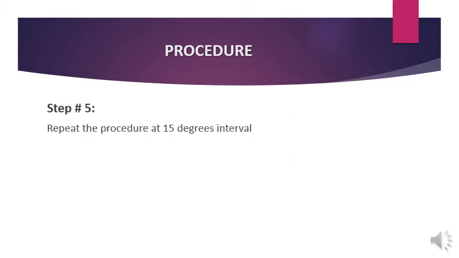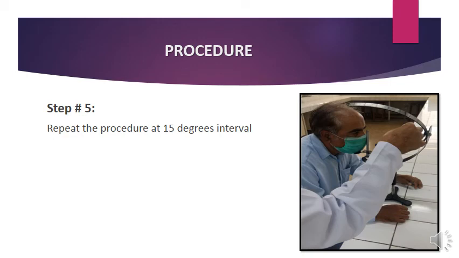Step number 5 is that we will repeat the procedure at 15 degrees interval, and we will cover the whole visual field covering all the 4 quadrants. Now, as shown in the picture, the examiner is assessing the visual field in the superior temporal quadrant for right eye.